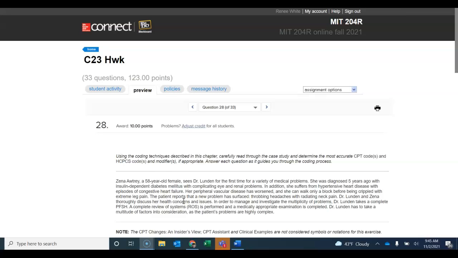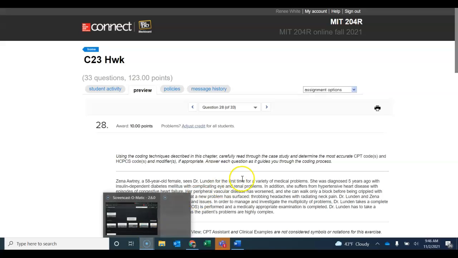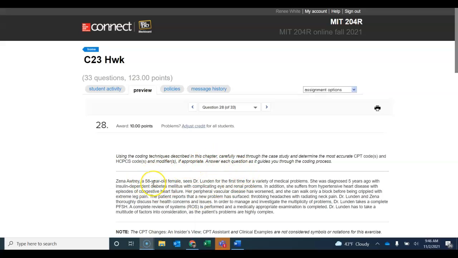Okay, so we've got one or more chronic illnesses with severe exacerbation. All right, so I would say diabetes is a chronic illness, and she's got eye and renal problems due to that. Okay. She's still got heart disease, so that's another chronic problem. Okay, she's got vascular disease. That's another chronic problem. Okay.